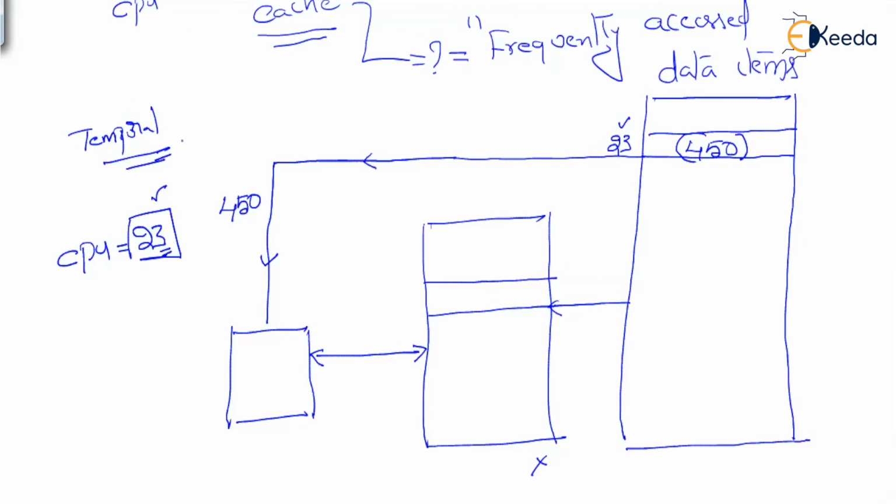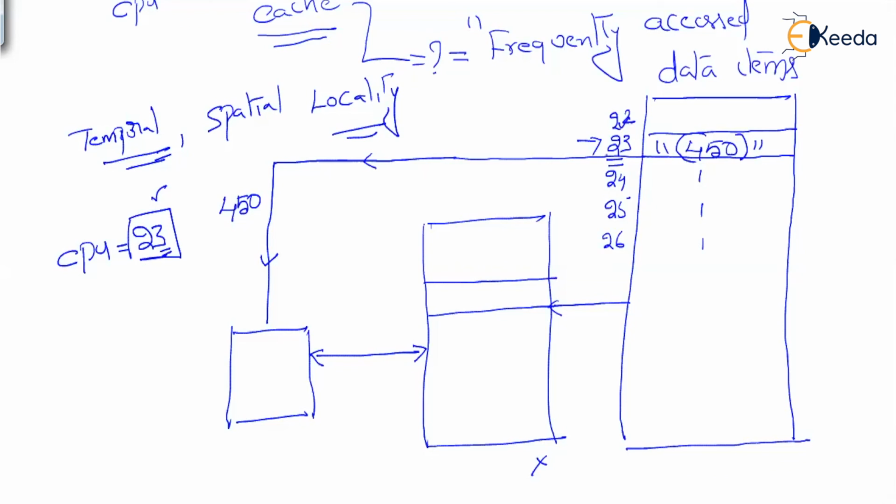There is another thing called spatial locality. What is spatial locality? In addition to the currently accessed data element, the data elements which are closer to it might also be accessed in the near future. That is, you are accessing the 23rd address. Not only 23rd, tomorrow, in the near future, 24 may be accessed, 25 may be accessed, 26 may be accessed, 22 may be accessed.